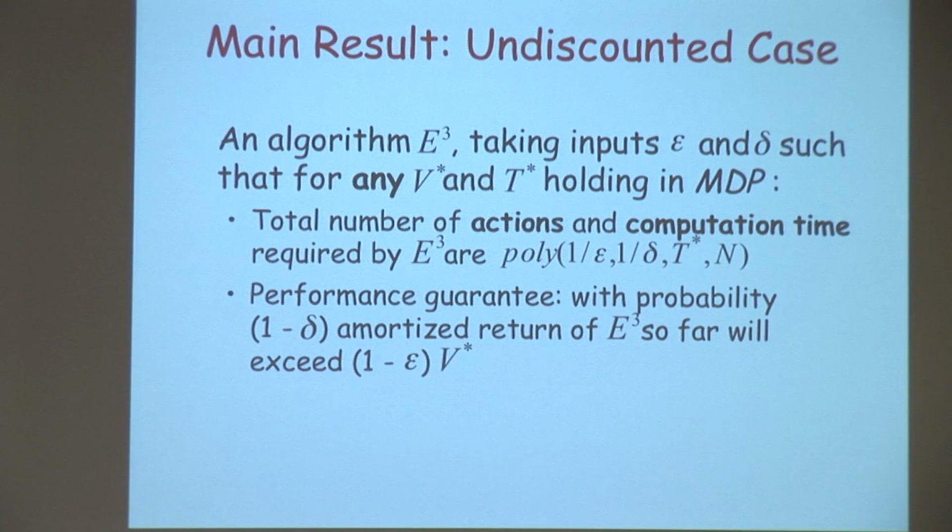V star and T star hold in the MDP if there is a policy in the MDP that mixes in time T star and gives you utility V star. Then in total number of actions and computation time that's polynomial in 1 over epsilon, 1 over delta, T star, and the number of states, you get to within epsilon of V star with probability 1 minus delta.